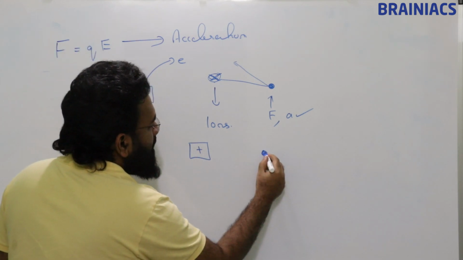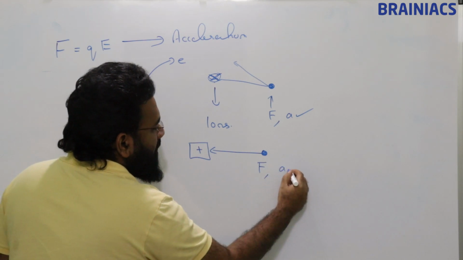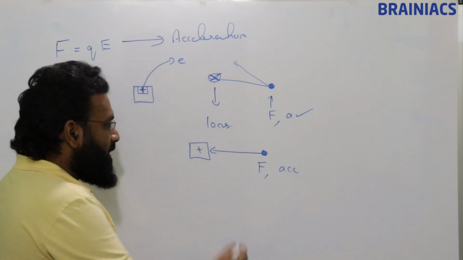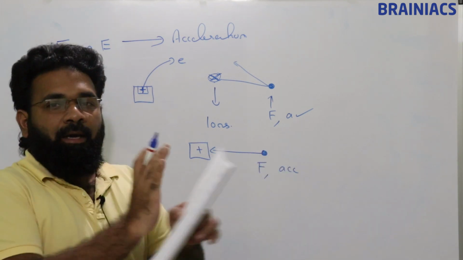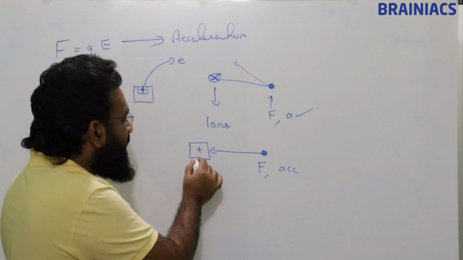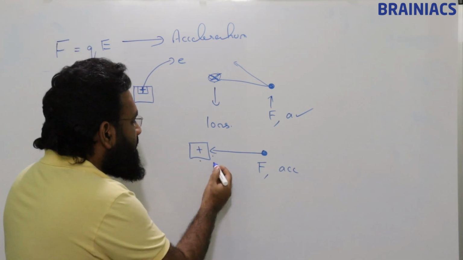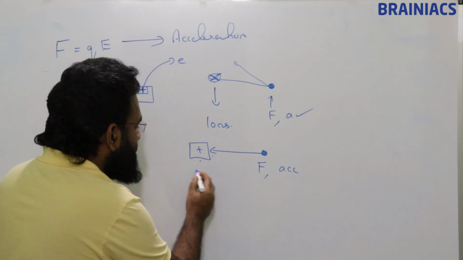So these electrons, while coming under the influence of force with the presence of acceleration, will hit or collide, or at least slow down under the influence of this ion. Now what happens after collision?